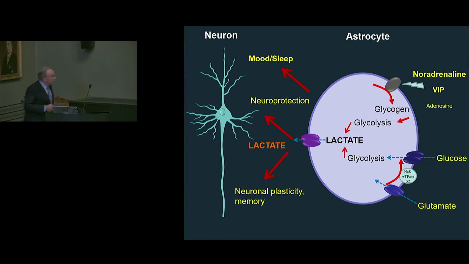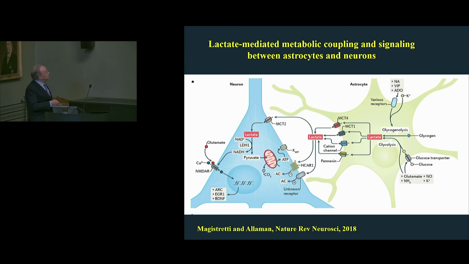So in conclusion, this work really has addressed many facets of neuron-glia metabolic coupling, showing that there are a variety, but very few in a way, of neurotransmitters, noradrenaline, VIP, adenosine, so modulators of glutamate, the main neurotransmitter in the brain, that eventually lead to lactate production by the astrocyte, and this has effects on neural plasticity, memory, neuroprotection, and mood.